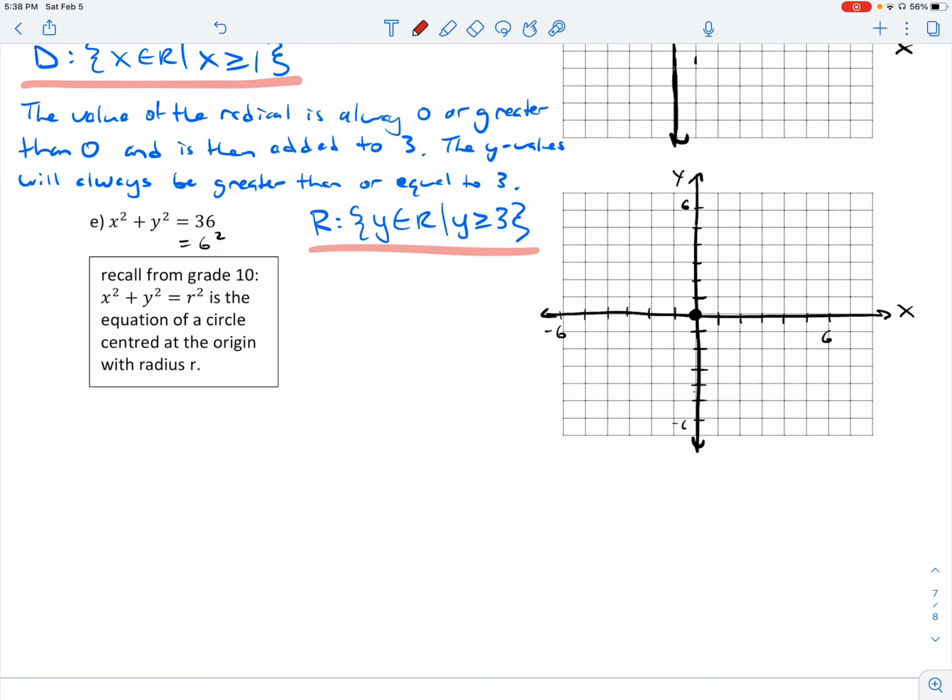Okay, I'll draw this in red. Now you guys get to see my nice circle drawing capabilities. So it's probably going to look more like an ellipse because the grid isn't exactly square.